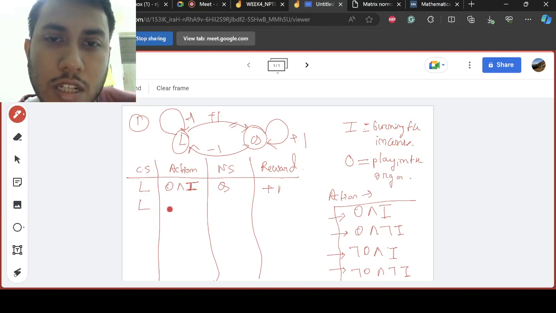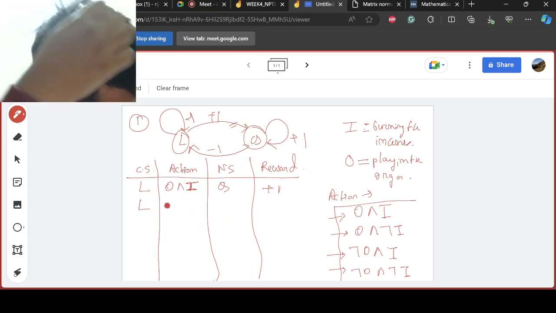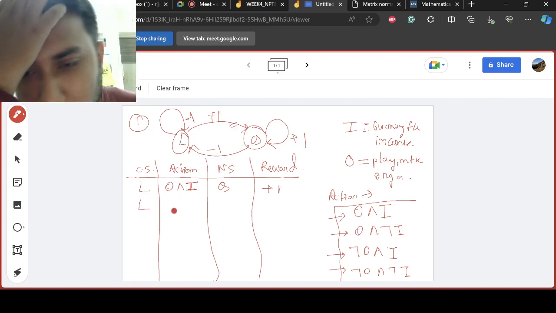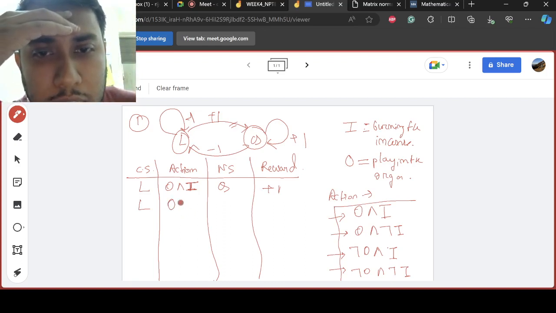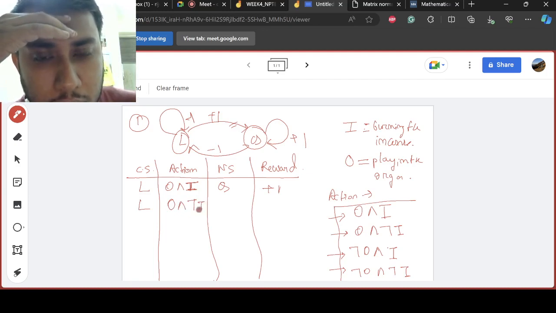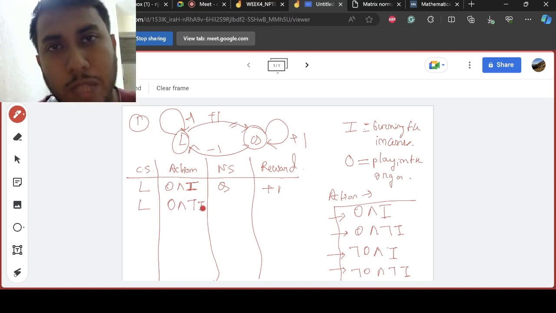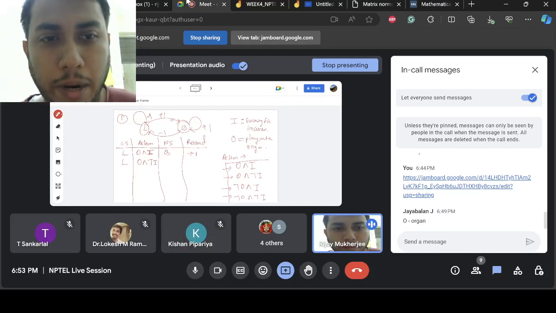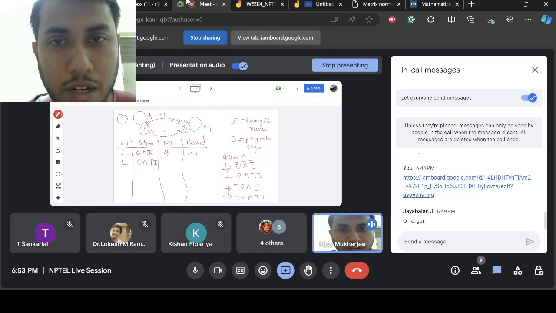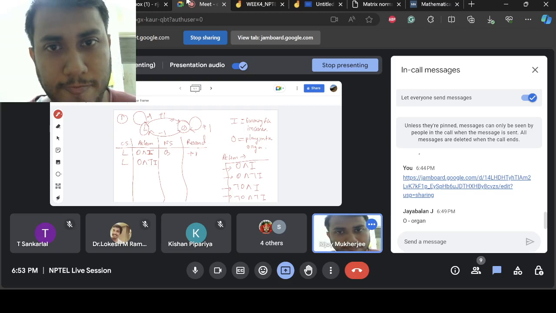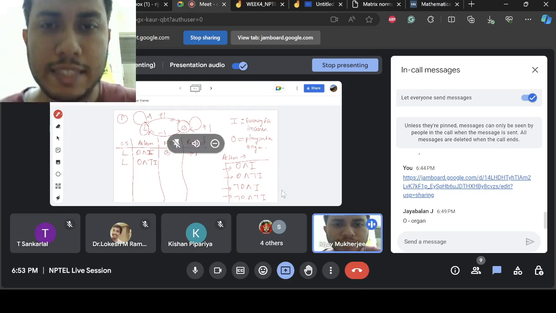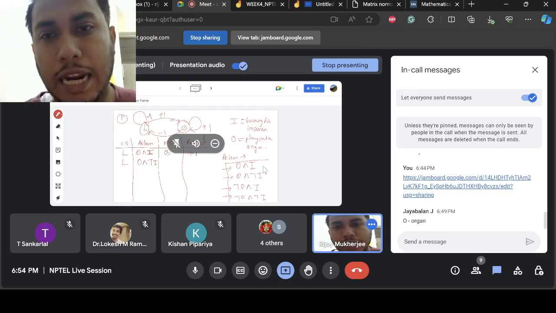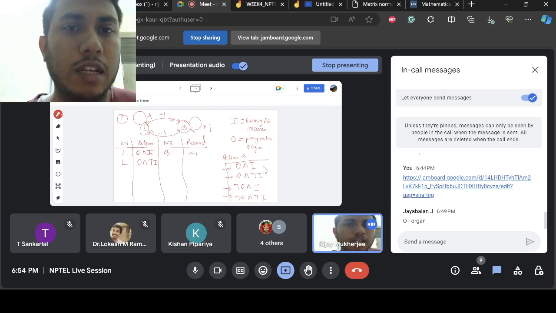Now consider this one. You are in the L state, and you are taking this action: O and not I. What will be the next state and the reward in this case? You are currently at L, you are playing the organ, but not lighting the incense. So what will be the state? It is said that if you are playing the organ in the laughing state, it will always go to the quiet state.